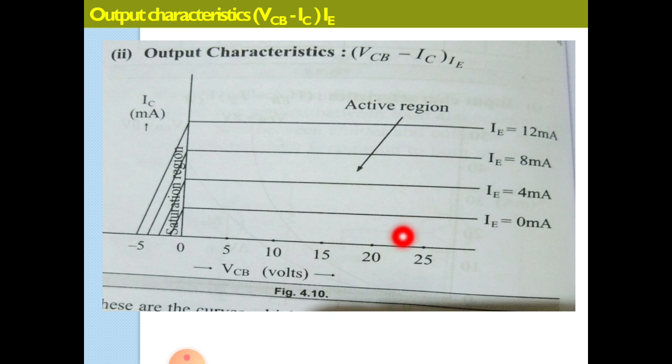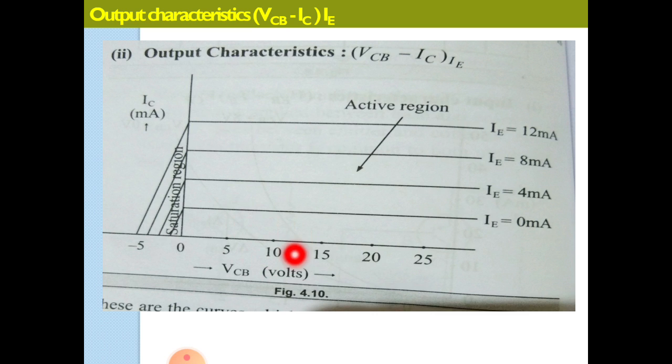Now in this output region we can observe that for the increasing value of the output voltage, the output current is constant. For 5 volt we get this value of current.